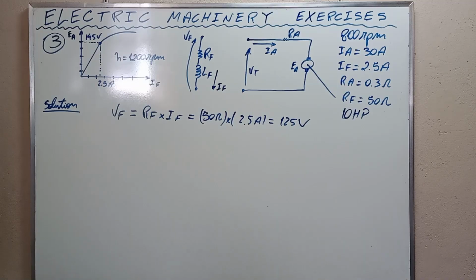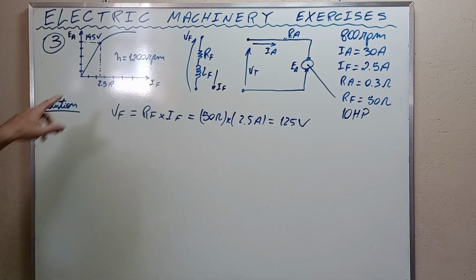From the magnetization curve, we see that IF is 2.5 amps. The induced voltage is EA 145 volts.